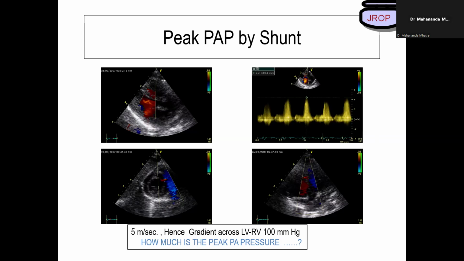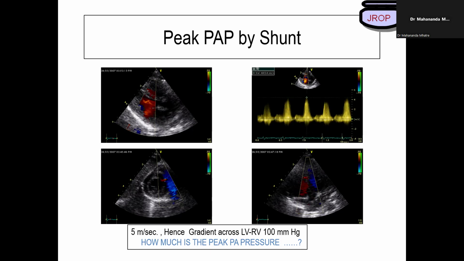Now my TR velocity becomes 2.8. So what would be my peak pulmonary artery pressure? So 31.36. That is the TR gradient, correct? Yes, sir. Now add RA pressure to it, 5. It will be 36.